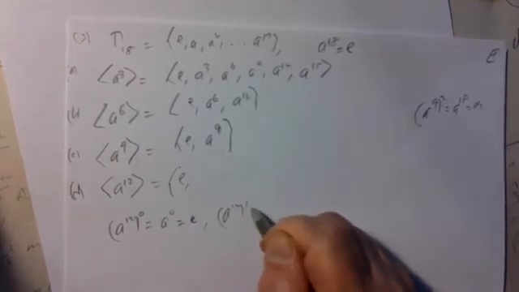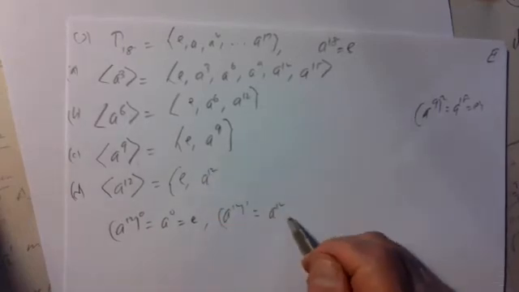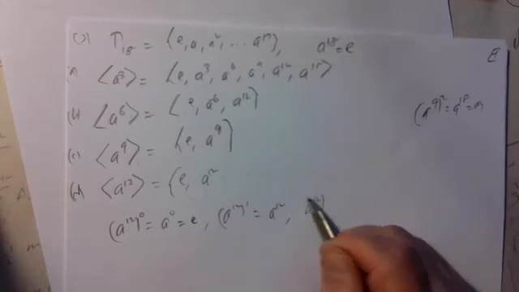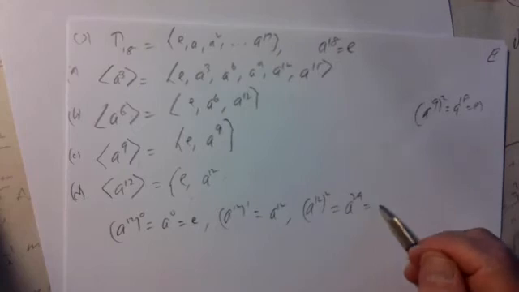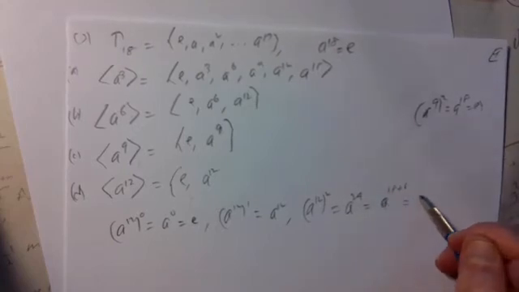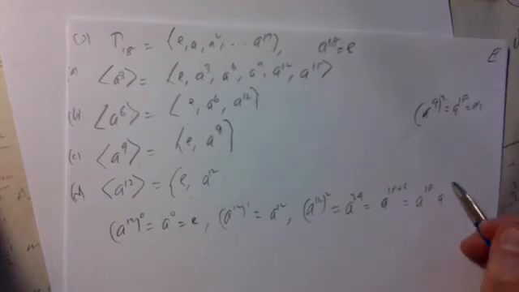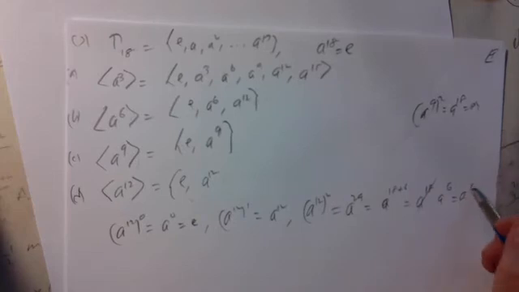A to the 12th to the 1st power is a to the 12th. A to the 12th squared is a to the 24th. Of course, 24 is 18 plus 6. So that's a to the 18 times a to the 6th. But a to the 18 is the identity. This is just a to the 6th.